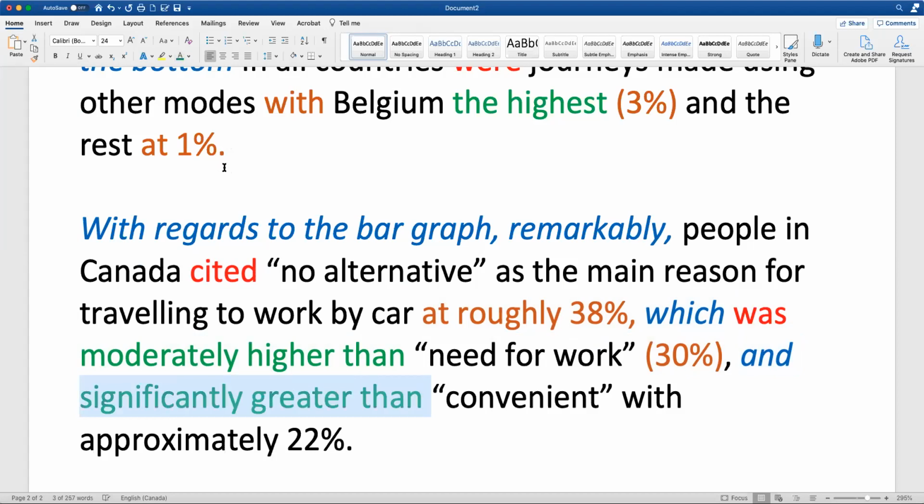Moderate, what is moderate? Significantly higher, sir? Moderately means not too much, not too little. Middle, huh? Yeah, middle. Okay.